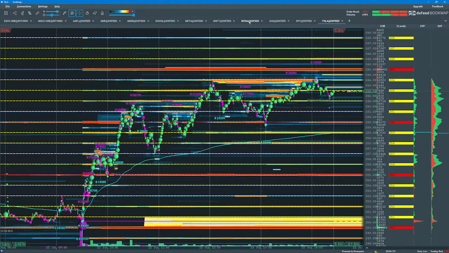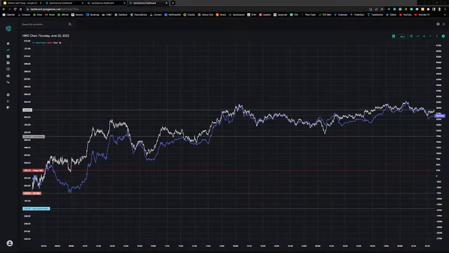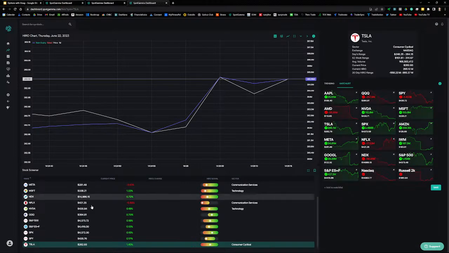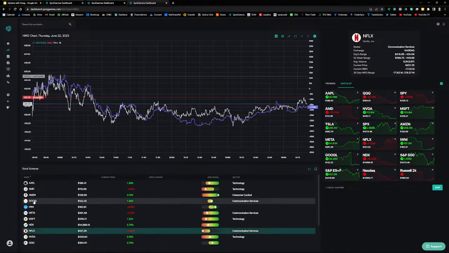All right, so I'm going to move on to NVIDIA, and we'll take a look at NVIDIA in just a moment. The first thing I want to take a look at is Netflix. I do not have Netflix in Bookmap, so we can take a look at it in Hero.